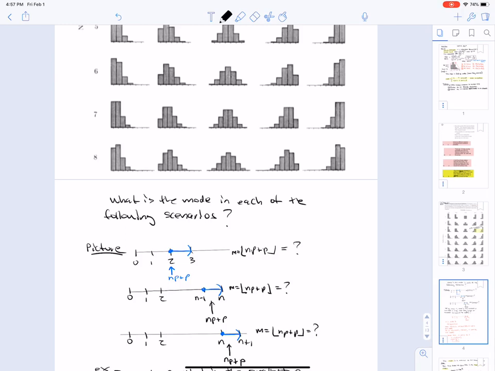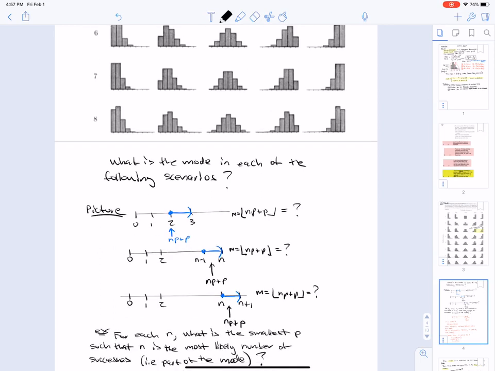So for example, if np plus p is 2, then I know I have two modes, right? Because np plus p is an integer, I have two modes, and the modes are going to be m and m minus 1. So in this case, 1 and 2.